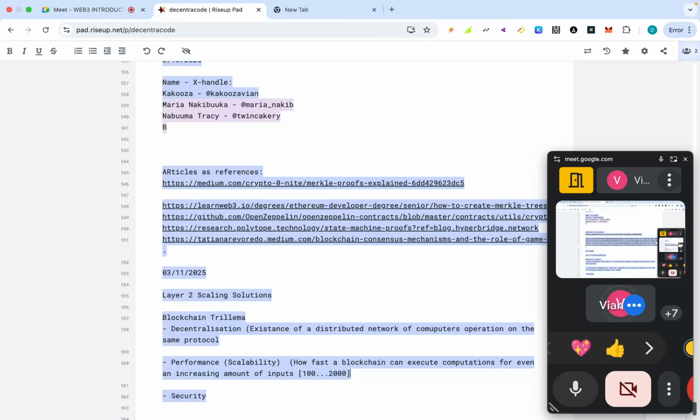So that means if it was able to execute 100 transactions maybe in a second, it should relatively be able to execute 2,000 transactions in the same period of time. So that is what essentially scalability is looking to achieve.